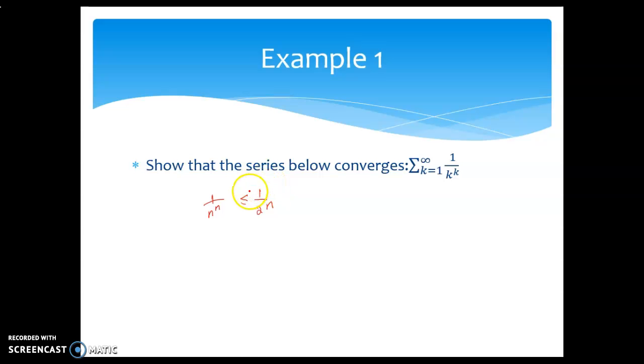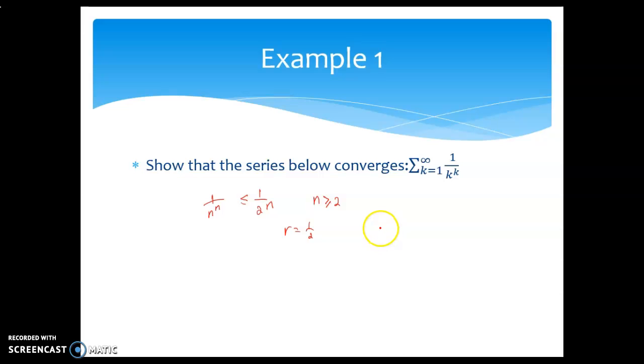So this is a geometric series, and this is always true for n greater than or equal to 2. We know that a geometric series with r equal to 1/2 is convergent.